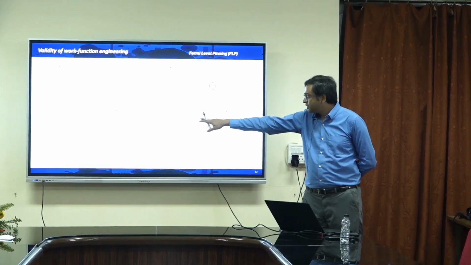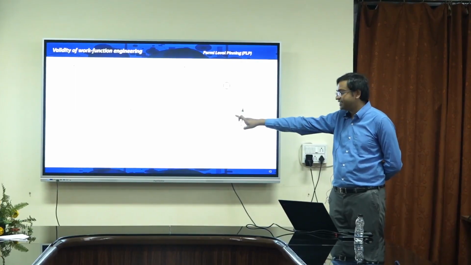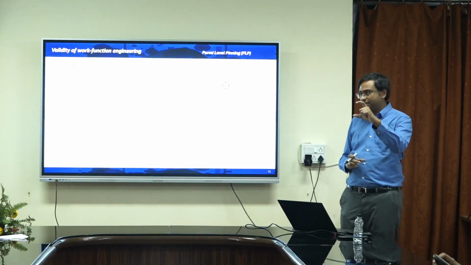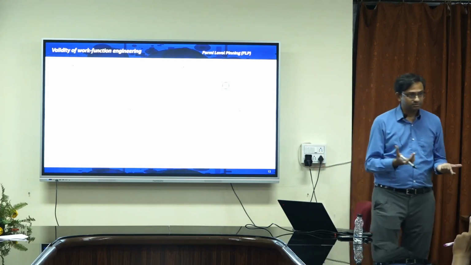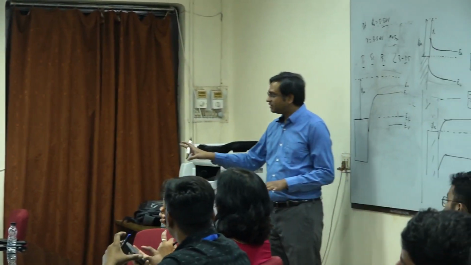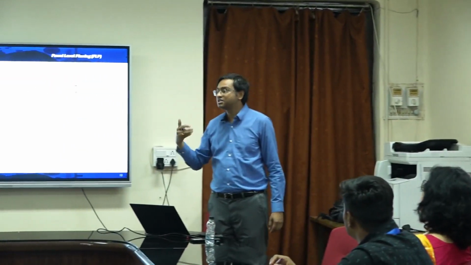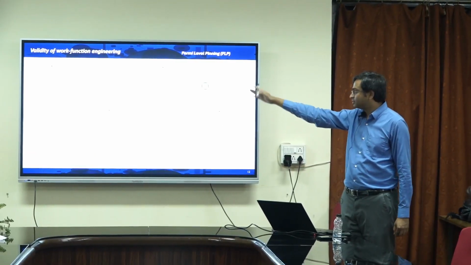But exactly the other way around for p-type. For p-type, the barrier height is Eg minus phi m plus chi, because there is a band gap. It is just that the height of the Schottky barrier for the n and p adds up to the band gap, correct? That part is clear, right? So therefore, for a p-type material, I would like to have a larger work function metal, because the slope is exactly the other way around.